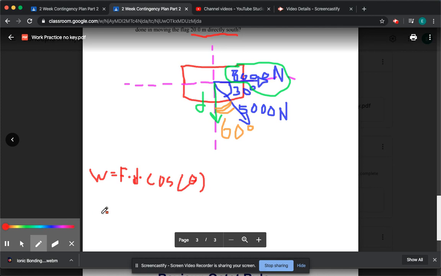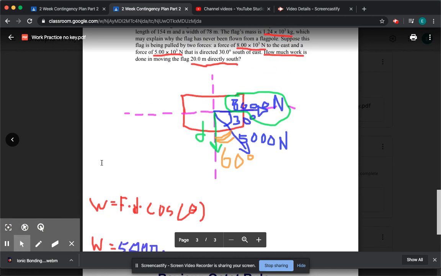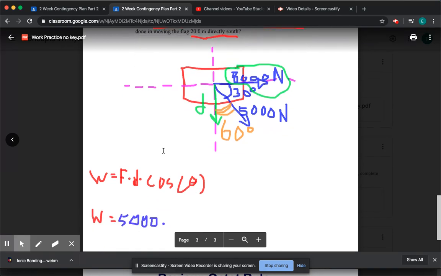So if we plug everything in, we get that W is equal to, I'm going to do this a little faster now. Our force is 5,000, times our displacement. From the problem, we're going 20 meters south.